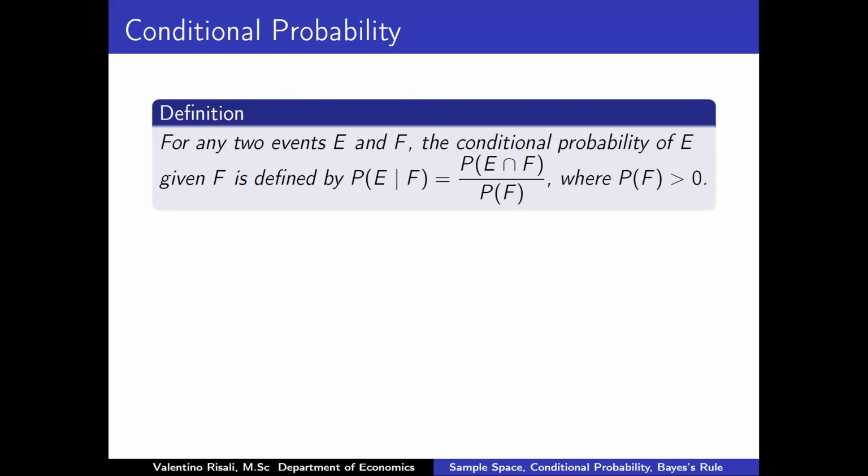In this kind of probability, we deal with 2 events, E and F, and we ask for the conditional probability of E given F. So it's clear that F happens, and we ask what is the probability of E. The probability is denoted by this notation, and it is defined as the probability of E intersection F divided by the probability of F.